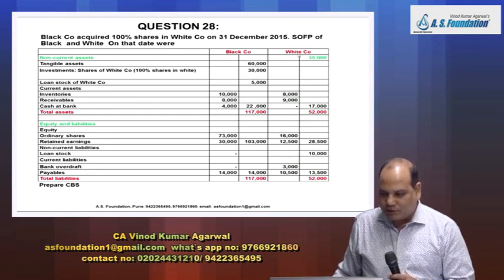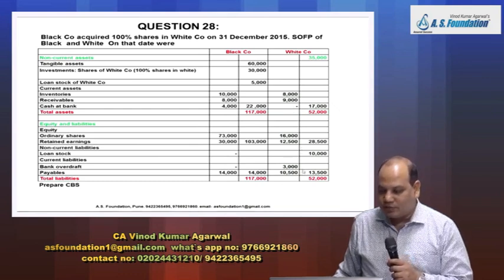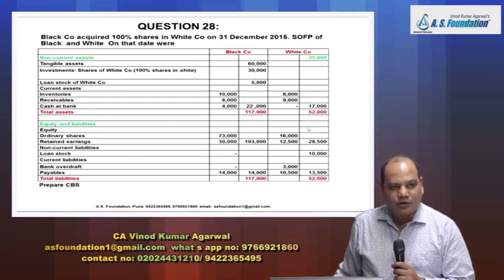Question is completely silent on the fair value of assets and liabilities of white. So how do I find out the identifiable net asset on the date of acquisition? We'll take the book values only, the figures appearing in white.